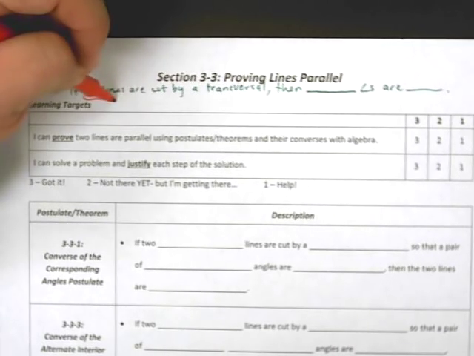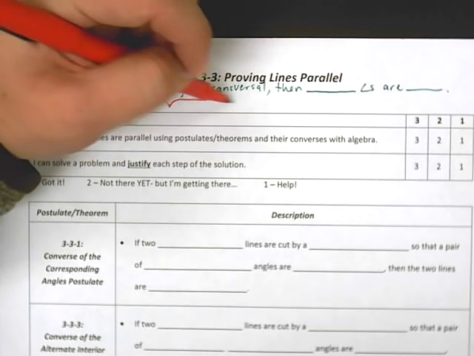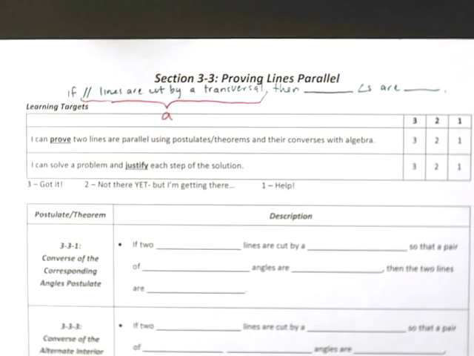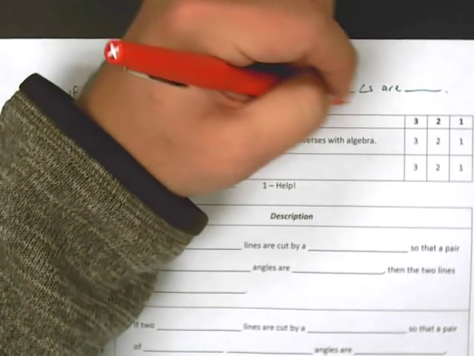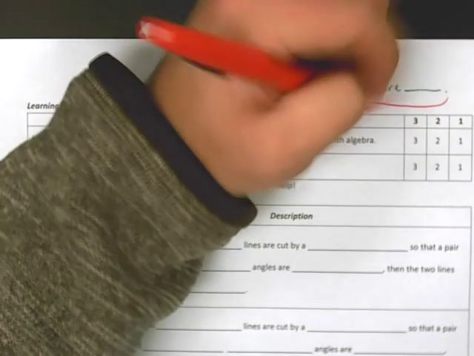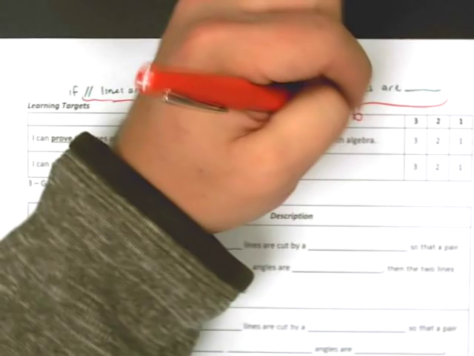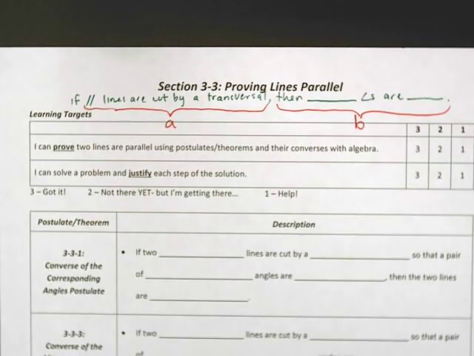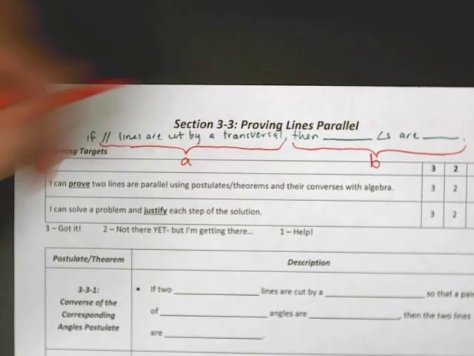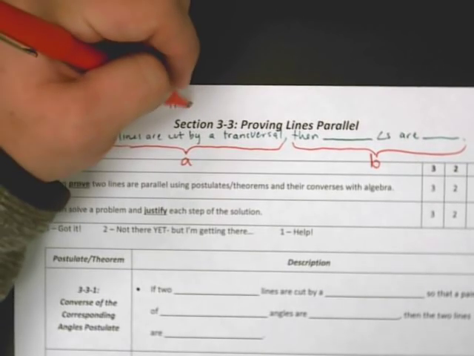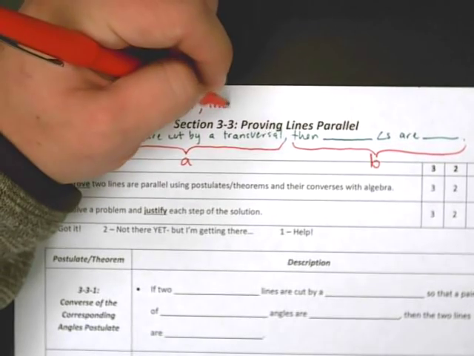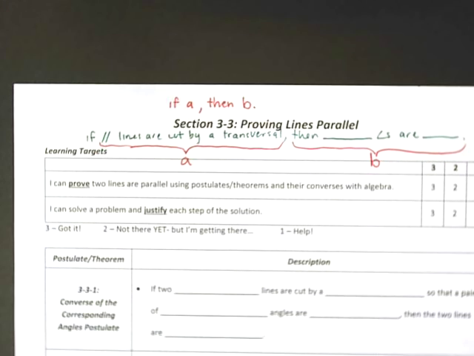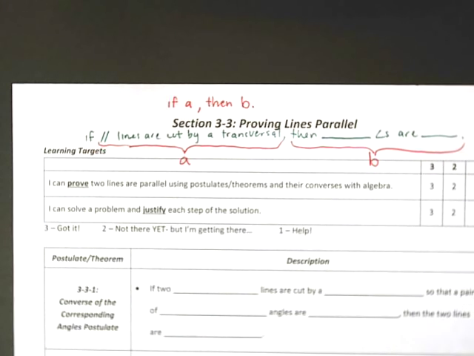What I want you to think about is this is kind of like A, and this is kind of like B. What I'm really saying here, and I'm running out of room, is if A, then B. What do you think I want to do in this entire lesson?